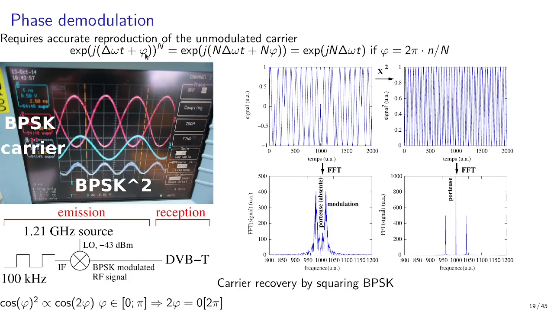In the case of BPSK, binary phase shift keying, this phase will take two possible values, 0 or pi. If we now raise this quantity to the nth power, we include the n inside the argument of the exponential, and we end up having n phi being always a multiple of 2 pi. In the case of BPSK, 2 times phi is 2 times 0 or pi, which is 0 or 2 pi.